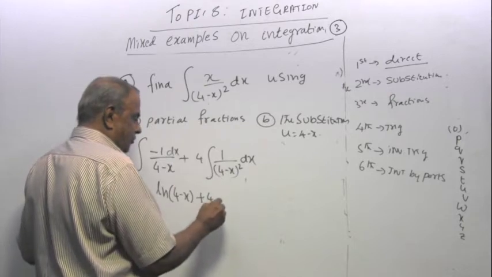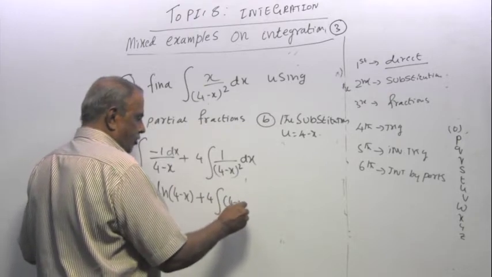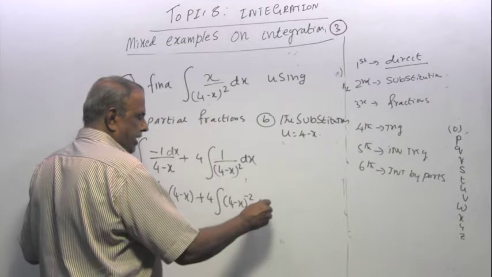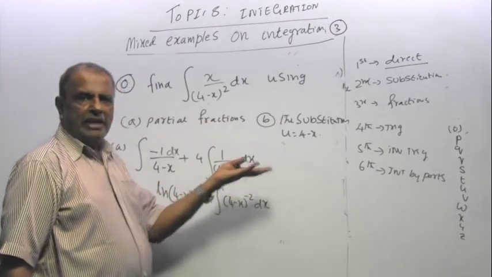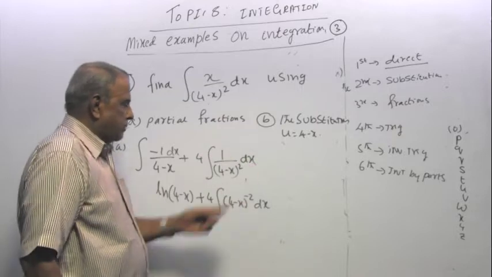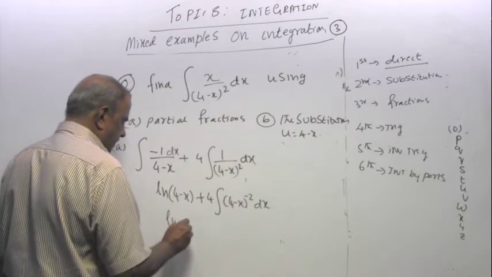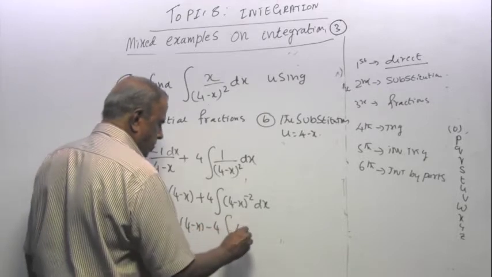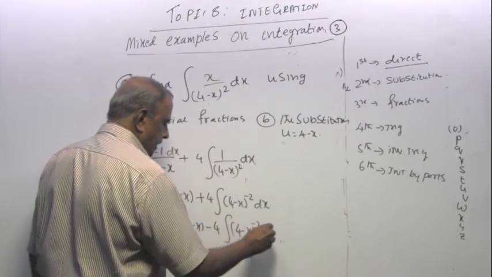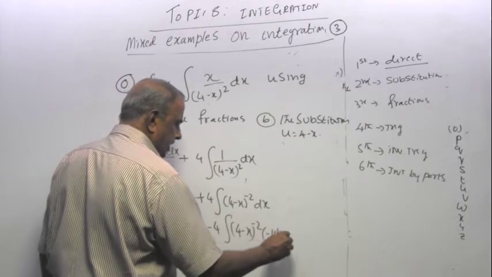So can I write this as 4 times the integral of (4 minus x) power minus 2 dx? When you differentiate 4 minus x, I get minus 1. So this is like x power minus 2. So can I write this as minus 4 times the integral of (4 minus x) power minus 2 times minus 1 dx.